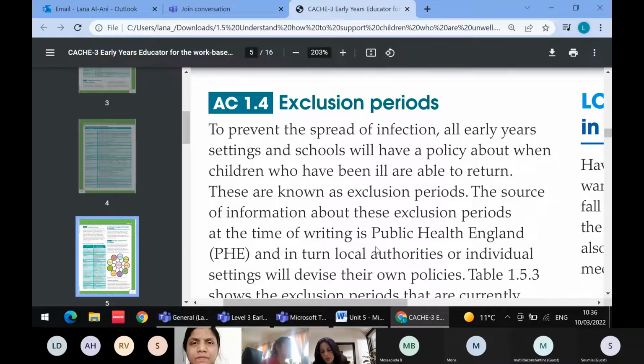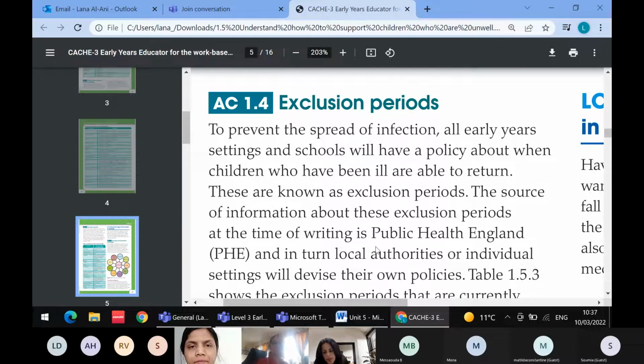So we don't allow them to spread the infection. We stop them from going to the nursery, they just sit at home, because we don't want all the kids to have the same illness. To prevent the spread of infection, all early settings and schools have a policy that children who are ill shouldn't return to school.